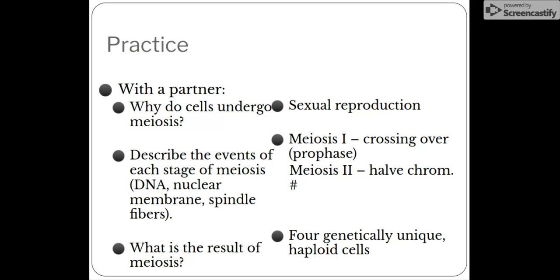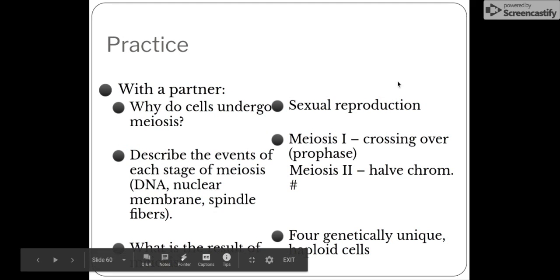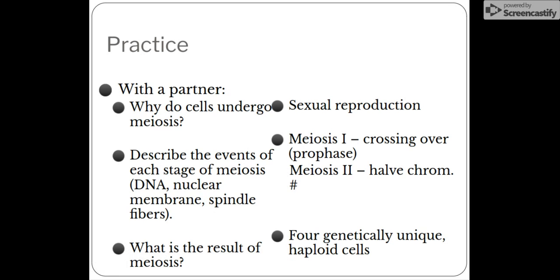Okay, so here are some things that you want to make sure that you know. Why do we do meiosis? So we can create sex cells for sexual reproduction. Okay, you want to know each of the phases of meiosis, more than just what meiosis 1 and meiosis 2 is, as listed here.